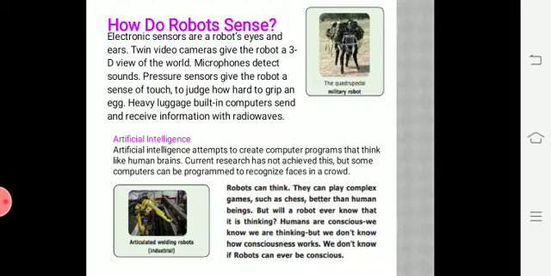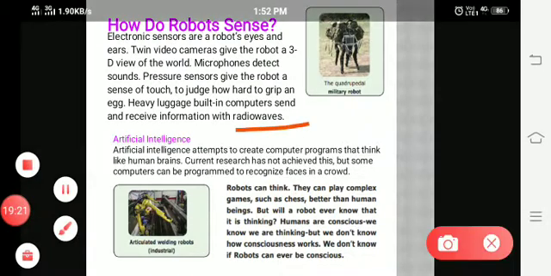Suppose a robot is touching a material, it can understand whether it is hard, whether it is soft, or whether it is heavy luggage or a computer. Built-in computers send and receive information with radio waves. There are inbuilt computers inside the robot which can accept data and transfer it, and receive it with the help of radio waves.